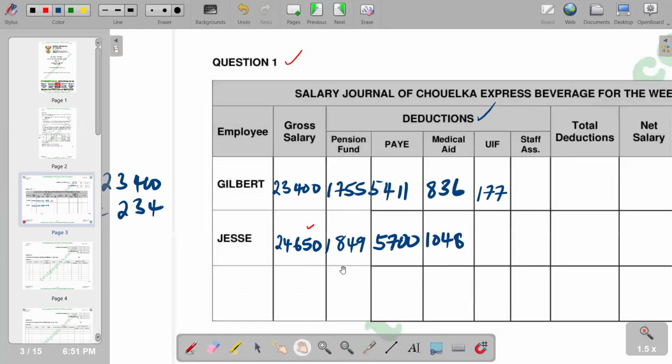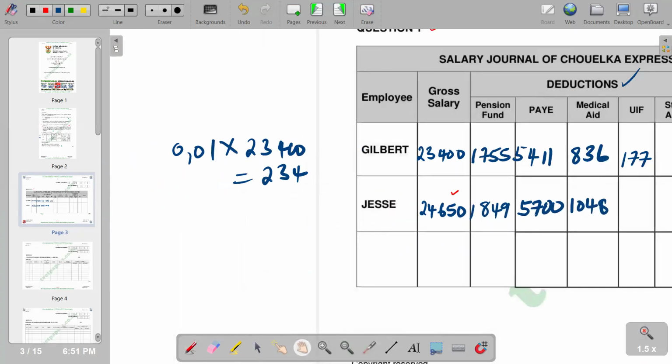So we do the same for Jesse, whereby we are saying 0.01, and then we multiply by the gross, which is 24,650. You see that the answer that we are supposed to get at the nearest rand is 247. 247 again is above 177.